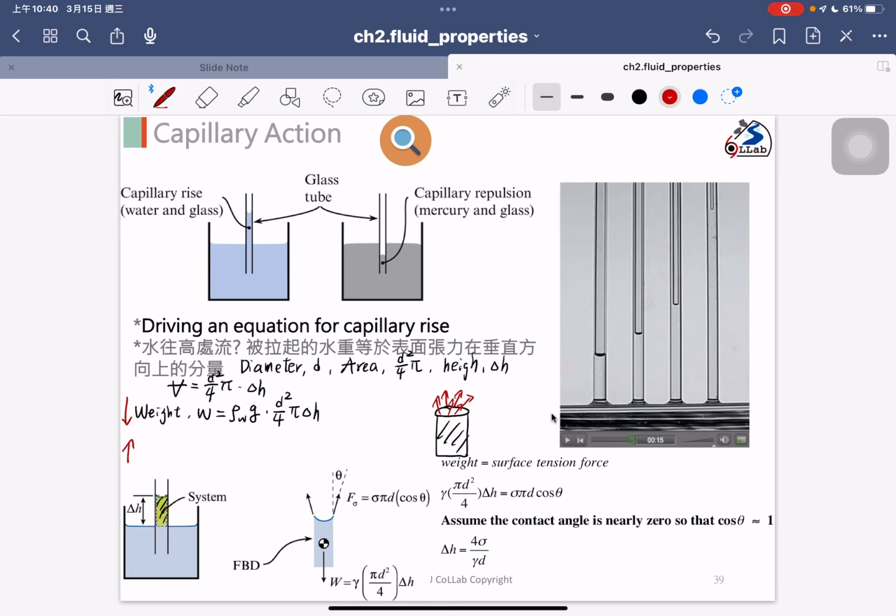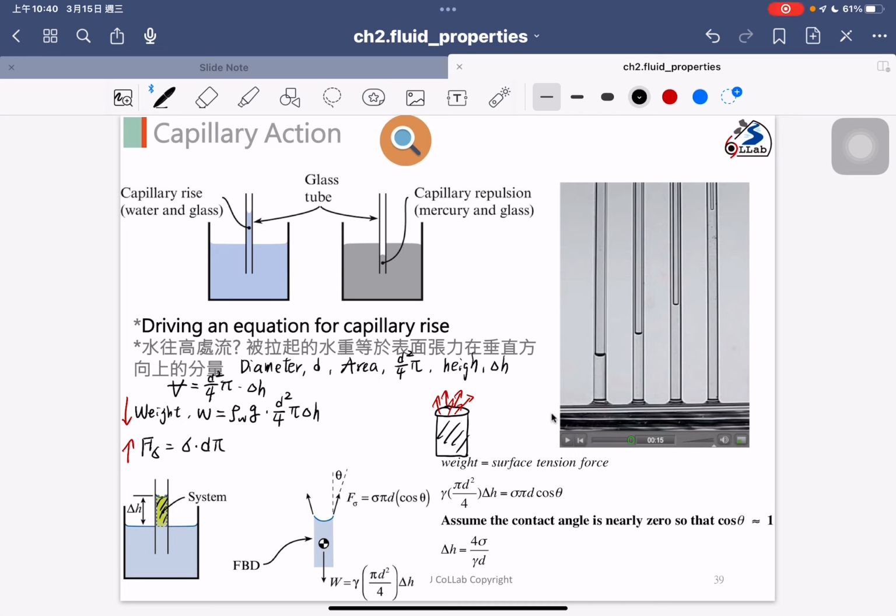So we first compute with sigma. We have the force caused by the surface tension, and the surface tension is sigma multiplied by the circle length. The circle length is D pi, right? So we have D and we have pi.